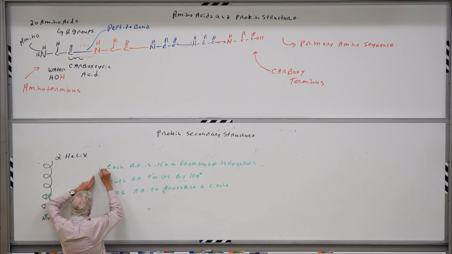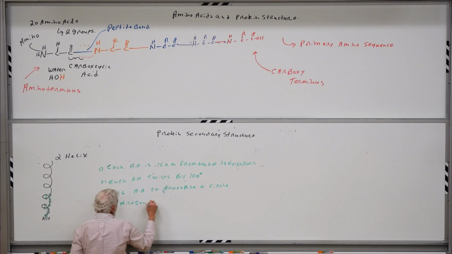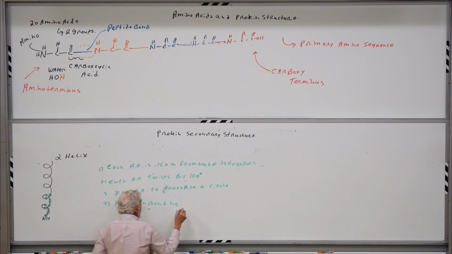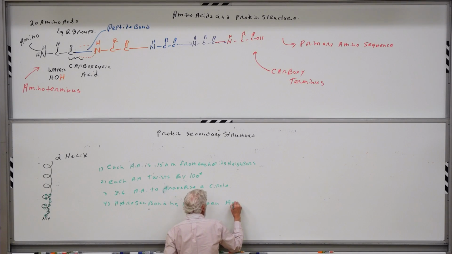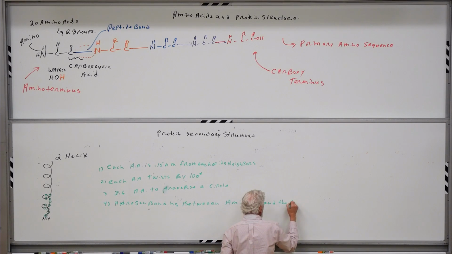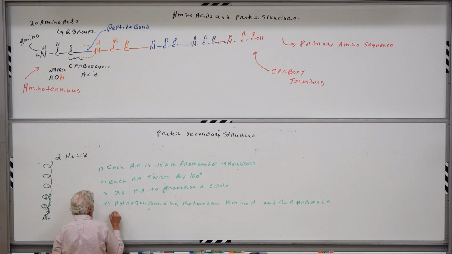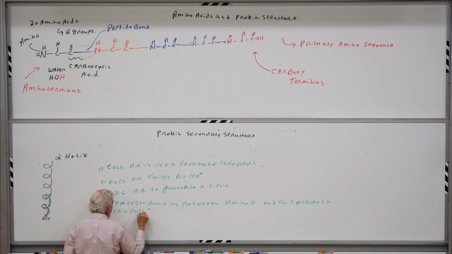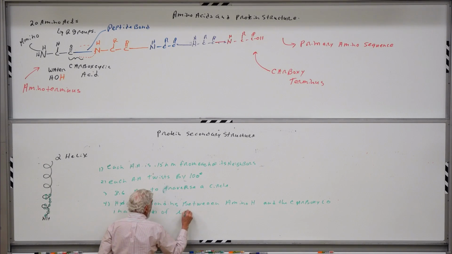And the fourth point here is that there's hydrogen bonding. Hydrogen bonding between the amino hydrogen and the carbonyl oxygen in a pattern so-called I+4.